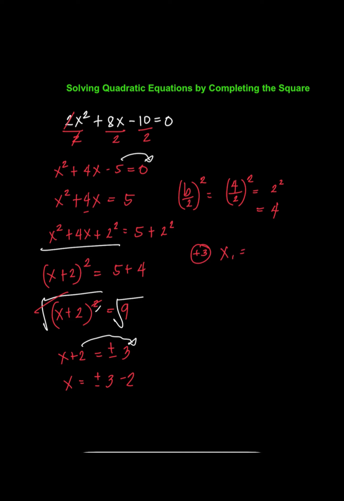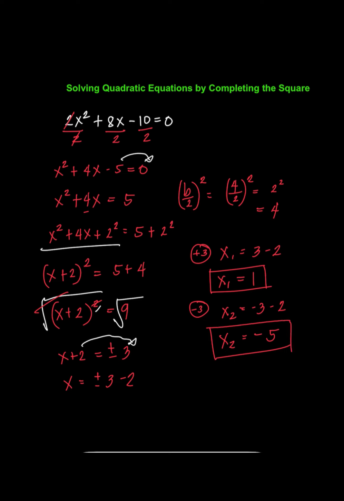So, x1 is equal to 3 minus 2. So, x1 is equal to 1. Yan yung unang value ng x. Negative 3. x2 is equal to negative 3 minus 2. So, x2 is equal to negative 5. So, yan yung second value ng x. Okay?